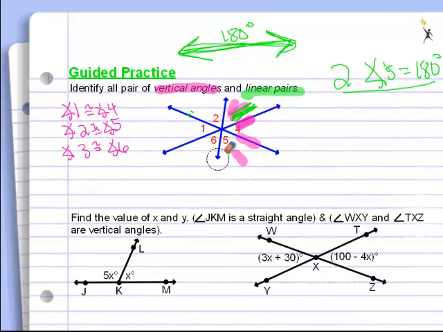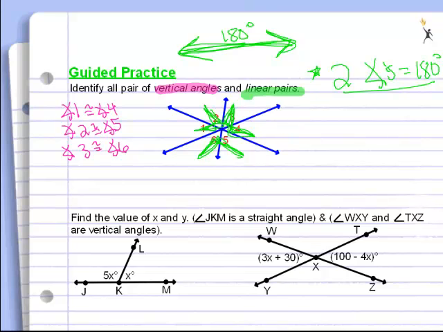We can fast forward a little bit and see that we don't have any 2 angles that add up to 180 degrees. Now they're all close, but no 2 angles here, and again, they have to be 2 angles, add up to 180 or form a straight line.